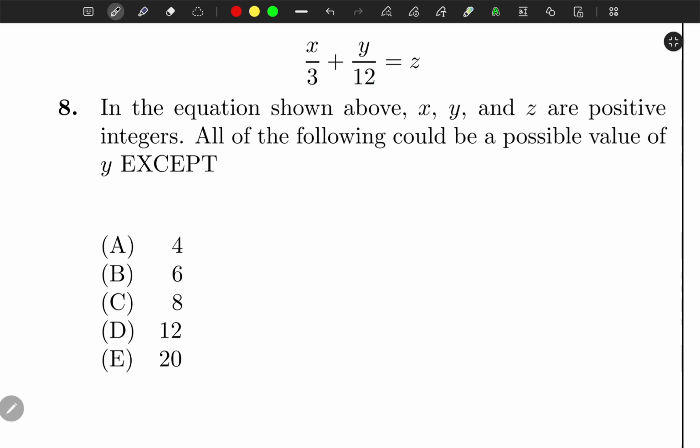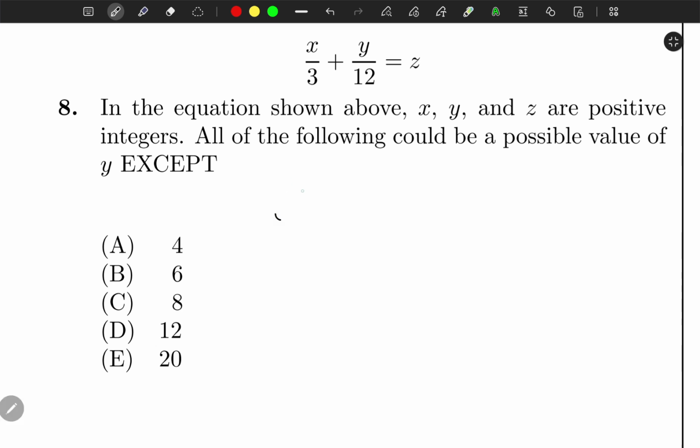So if we choose, no, maybe not actually. I think let's just rewrite this equation for y, and maybe there is some kind of condition where we could factor it out and see if a certain number doesn't work.